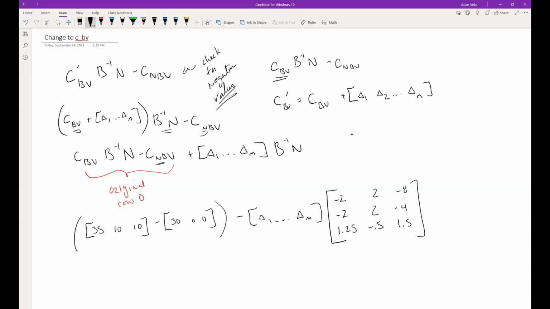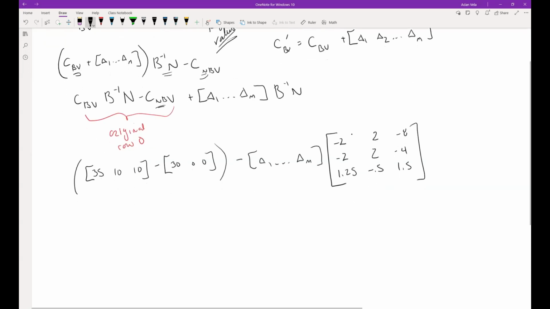So this is what we have so far. Of course, we can do a simplification with the vectors on the left. That just gives us 5, 10, and 10. But now we have this matrix multiplication, and things get a little bit messy, but we can figure it out.